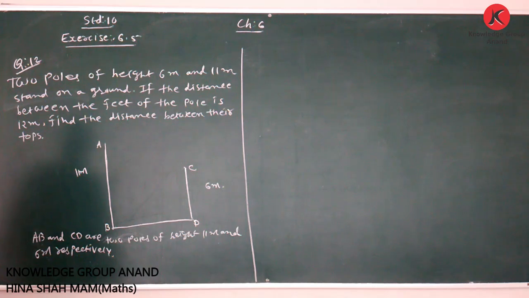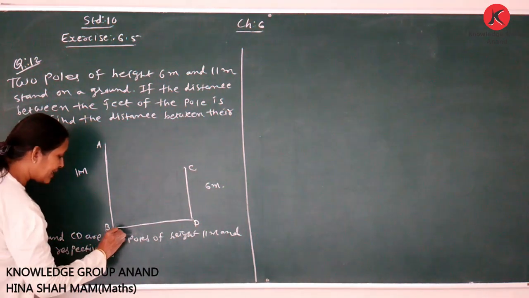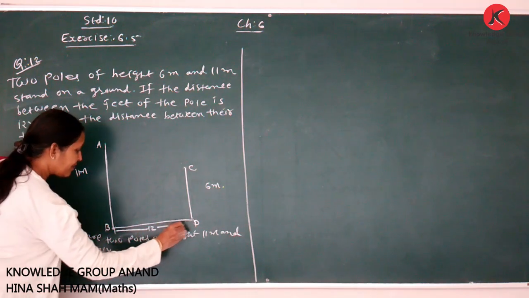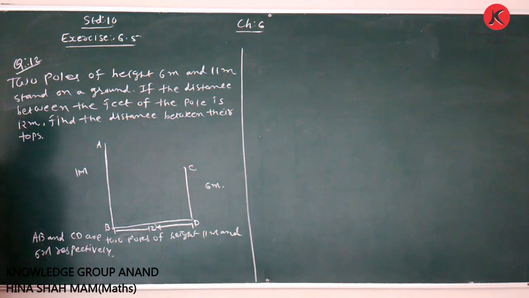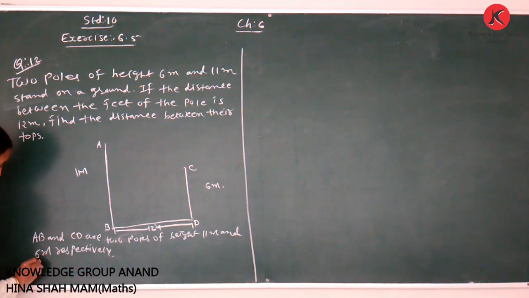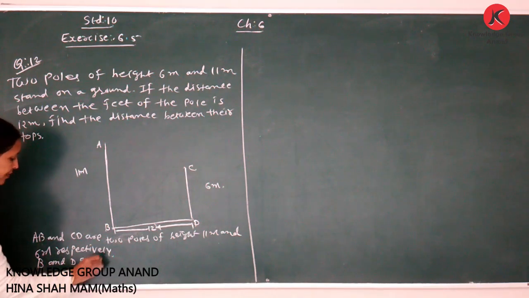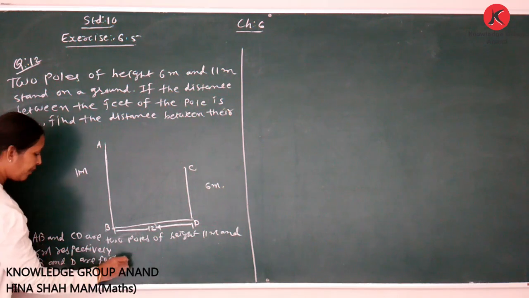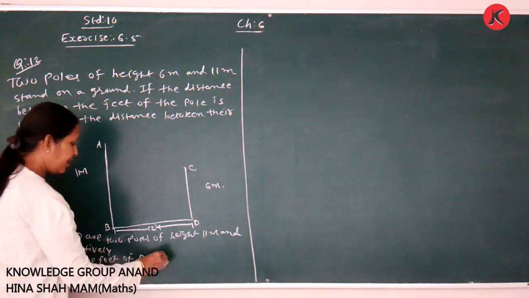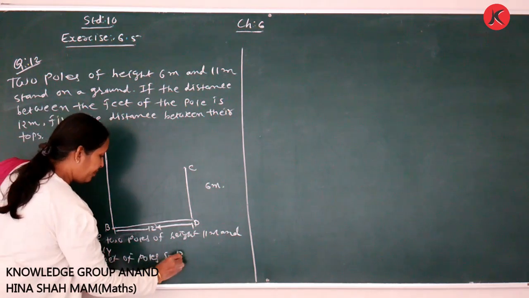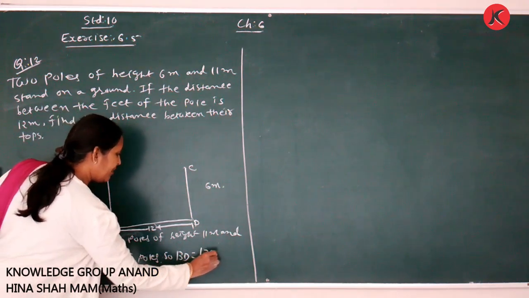If the distance between the feet of the poles is 12 meter, B and D are the feet of the poles. So, BD is equal to 12 meter.